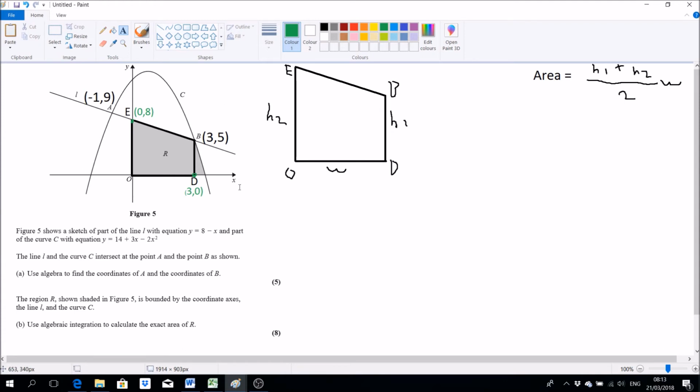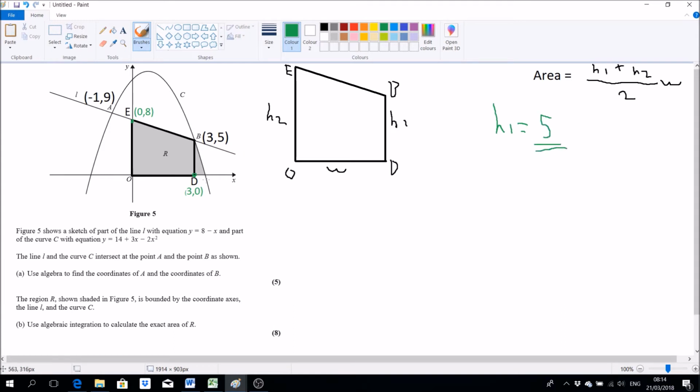So knowing this, we can calculate EO, add it to BD, multiply it by OD, and then divide by 2 to calculate the area of the trapezium. So H1 is equal to 5.